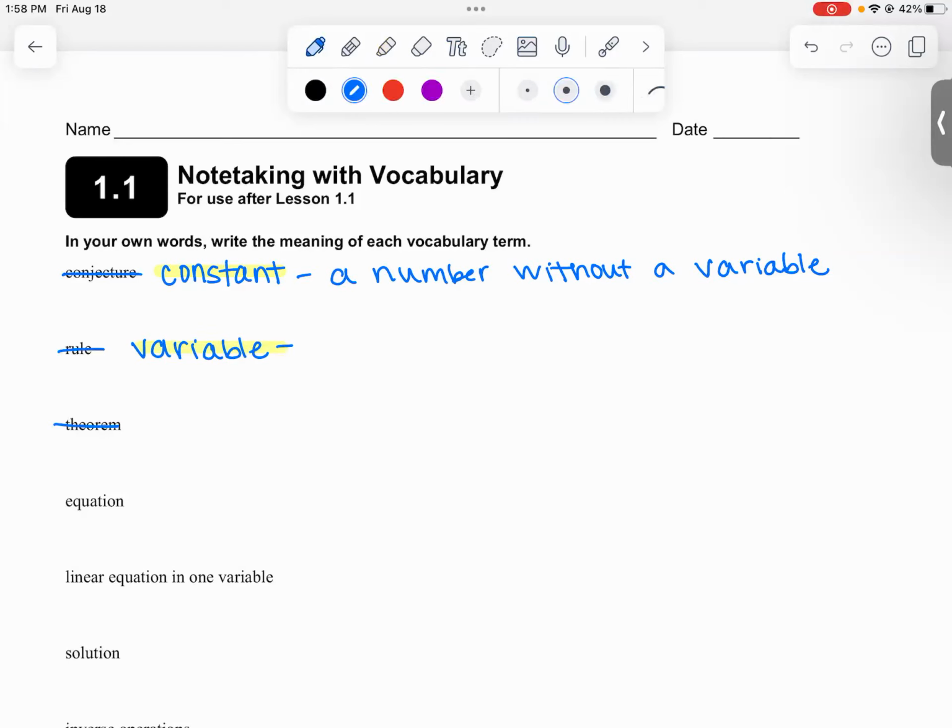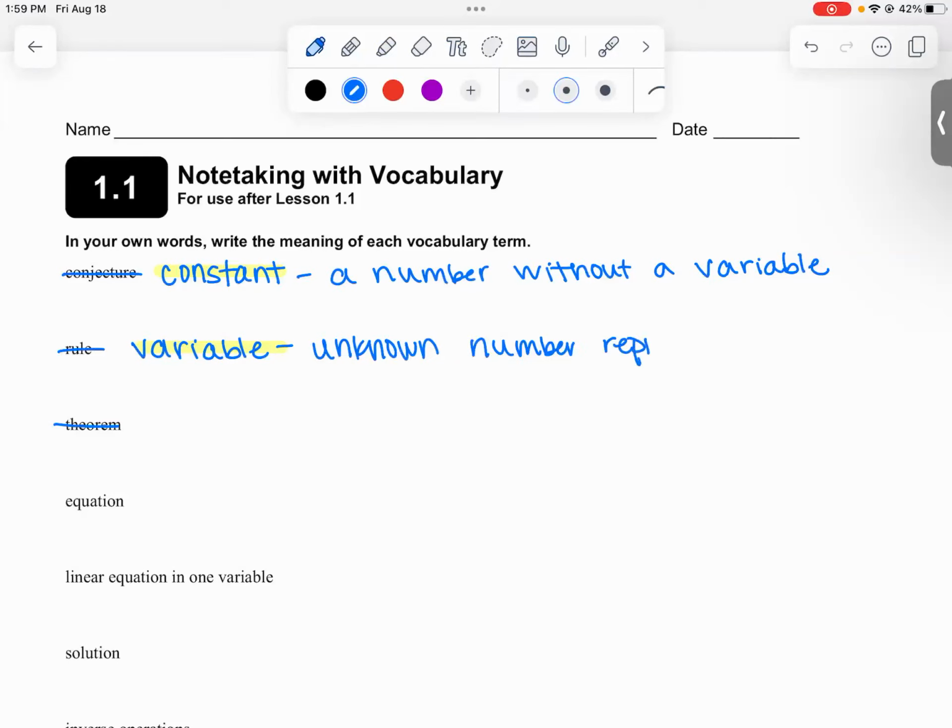Okay, well, that's cool. What's a variable? Well, I wouldn't say undefined, an unknown number, represented by a letter. An unknown number, whoever said that, that was good.